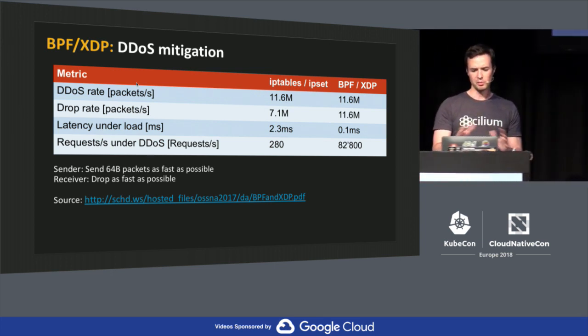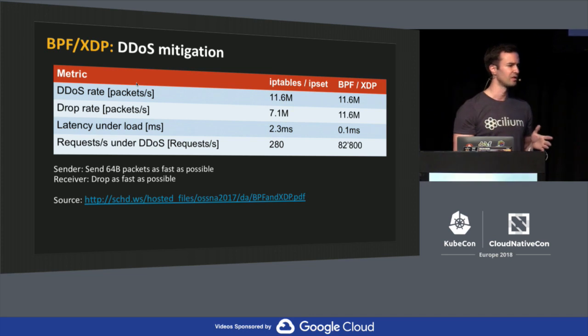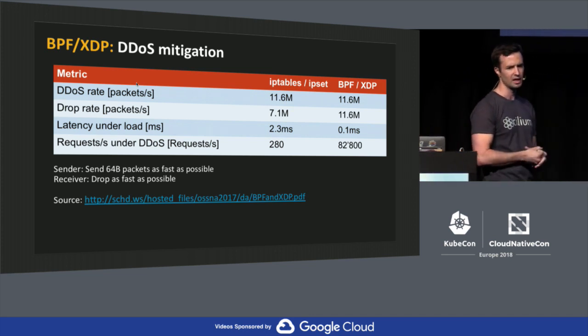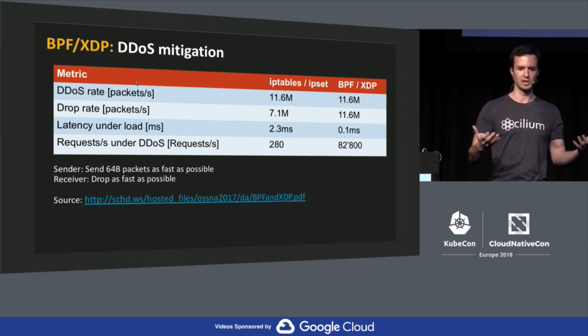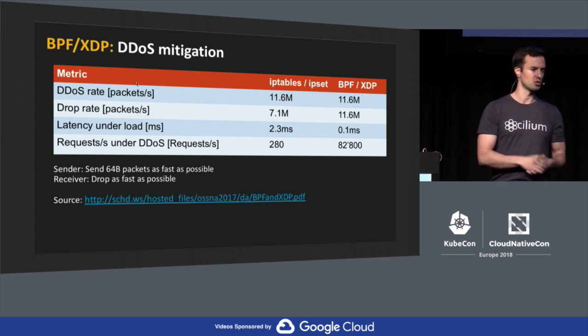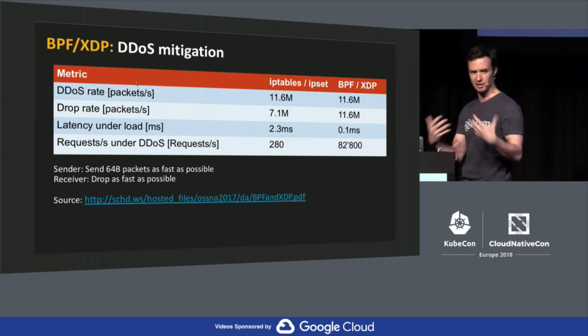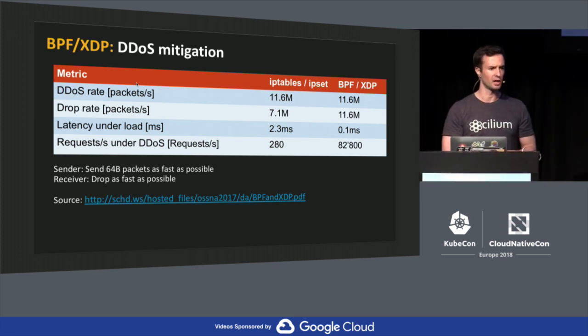In the iptables ipset version, we can only drop about 7 million packets out of these total 11 million packets. This means that this machine is basically occupied 100% by just dropping packets. So this is basically showing a successful DDoS attack.